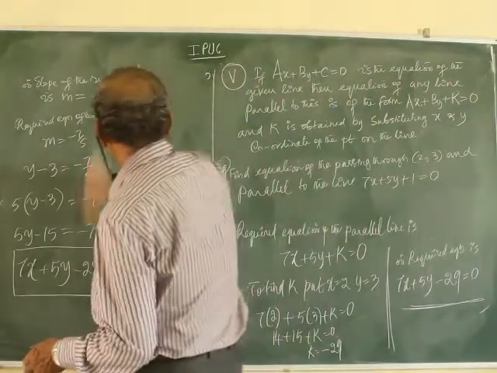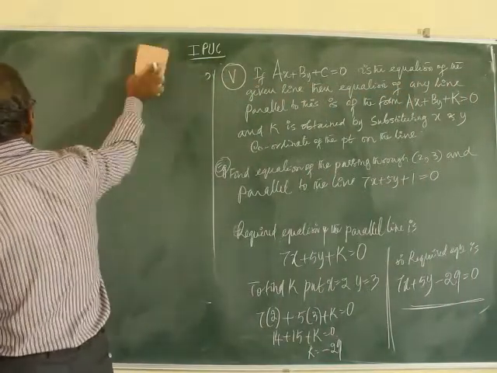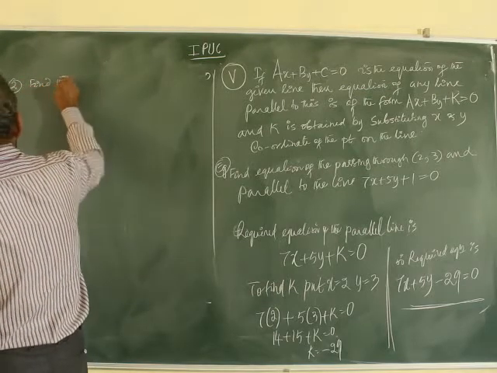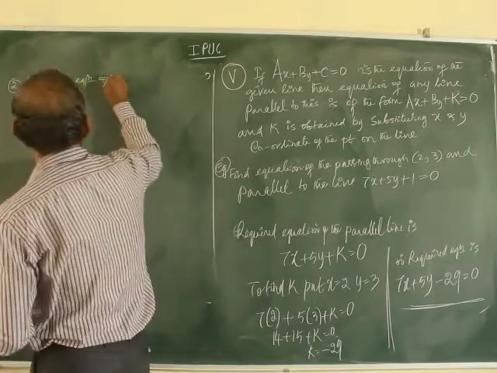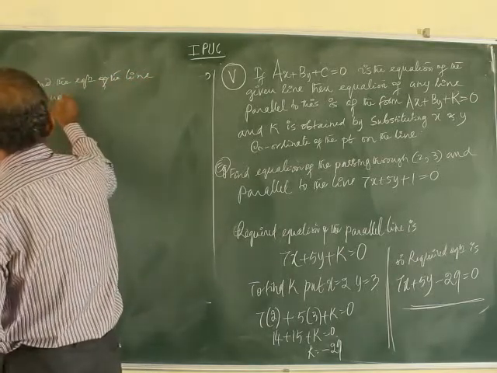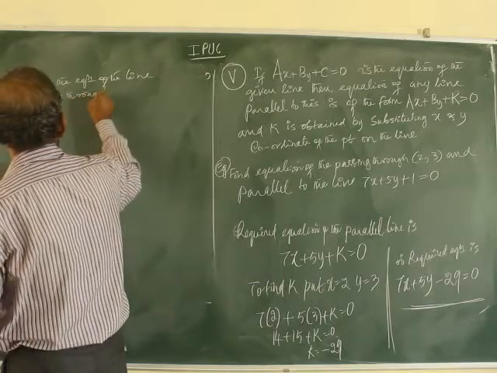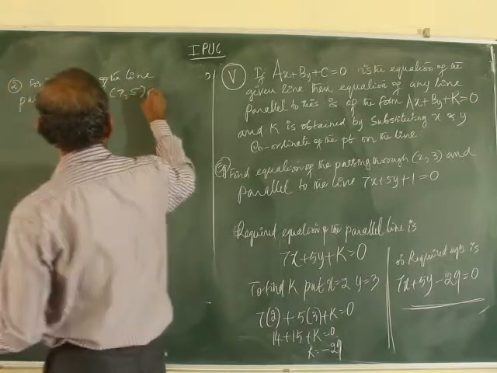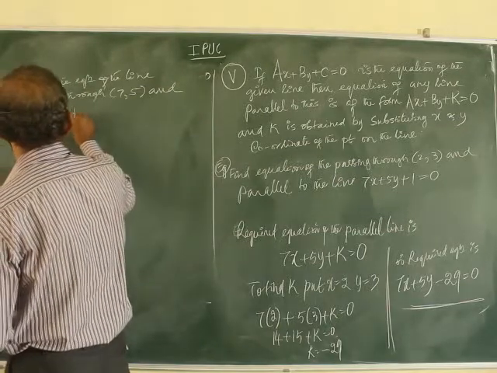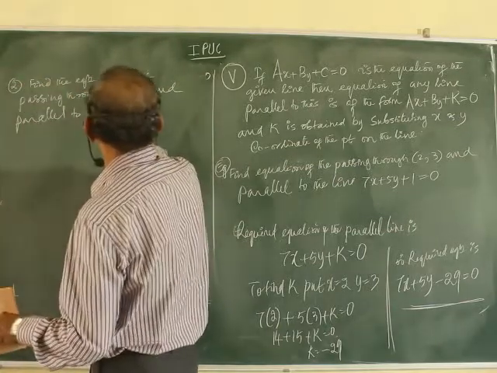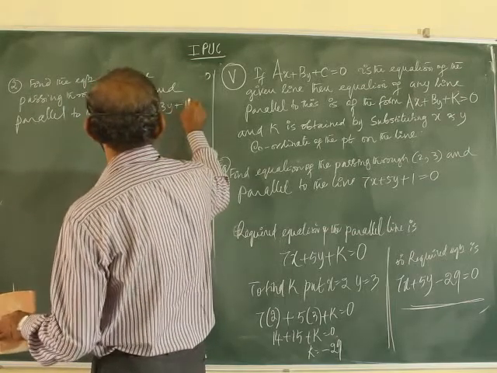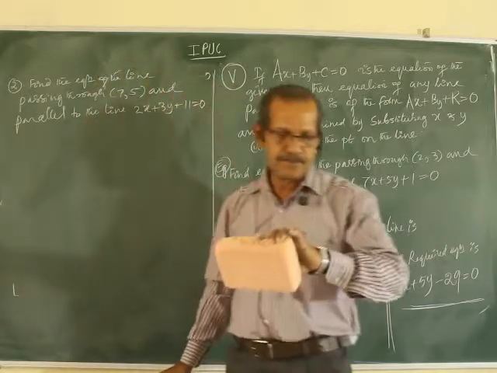Find the equation of the line passing through 7, 5 and parallel to the line 2x + 3y + 11 = 0. Okay.